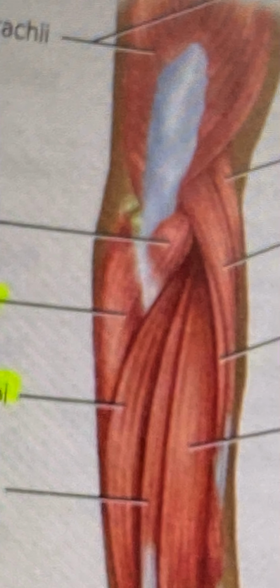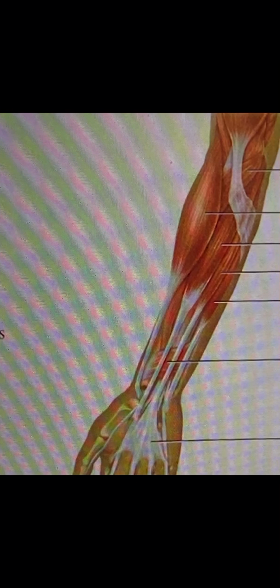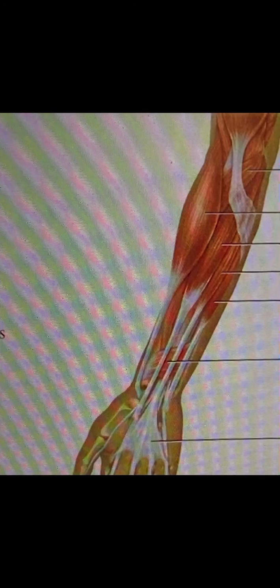And then right next to that is the extensor carpi ulnaris. The next slide has the flexor carpi radialis, which is this middle muscle right in between the four. Right here.